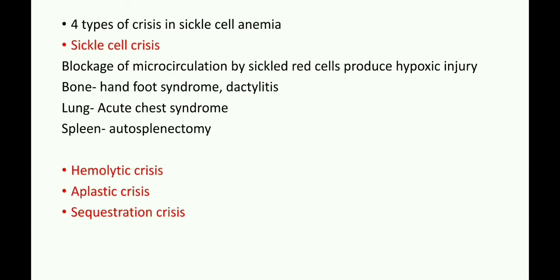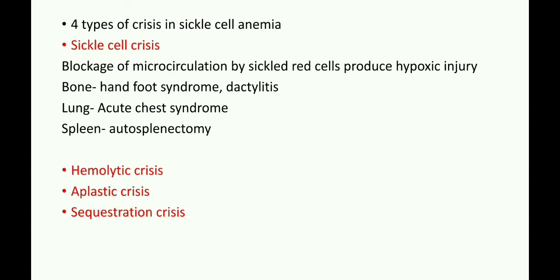Now the another crisis that the patient can get is hemolytic crisis. Here, in the initial stage, when the sickle cells reach the spleen, there is initially splenic enlargement, splenomegaly, but at the same time the recurrent infarctions mean the arterial supply to the spleen is also getting hampered, and that is what causes the autosplenectomy.